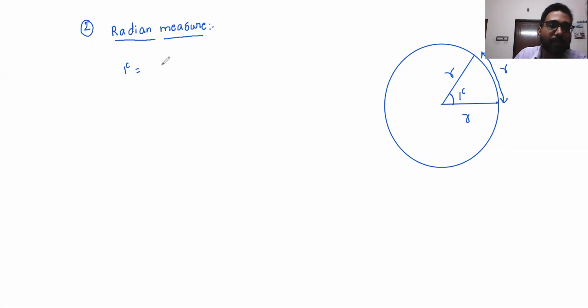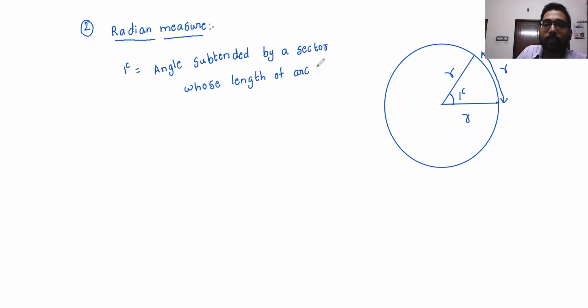The angle subtended by a sector whose length of arc is equal to the radius. So this is the meaning of 1 radian.